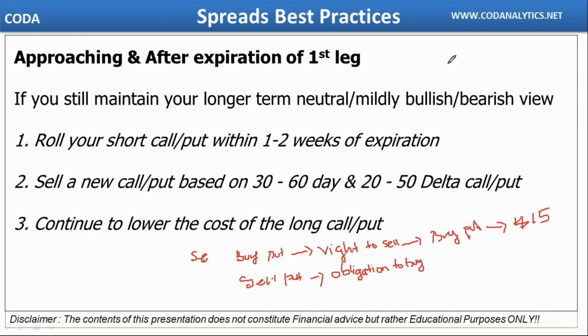If I bought the put at 150, the price needs to move downwards to about 135. From 135 is when I start making a profit in this scenario.